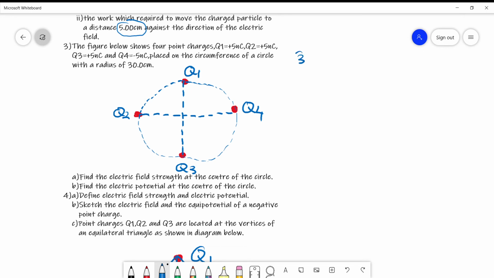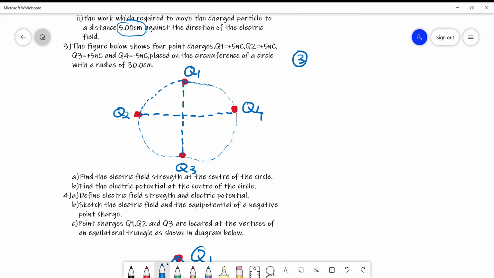Question number 3. The figure shows 4 point charges: Q1 is 5 nanocoulomb, Q2, Q3 is 5 nanocoulomb as well, and finally Q4 is -5 nanocoulomb. Find the electric field strength at the center of the circle.